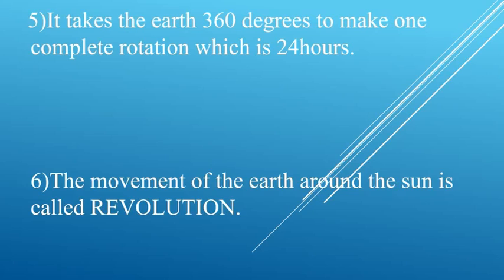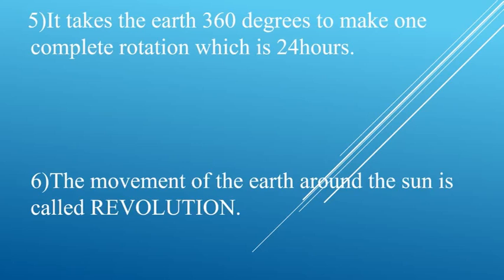So when the Earth is rotating, it takes a maximum of 24 hours, which causes day and night. Don't forget, we have 24 hours in a day. When the Earth makes a complete rotation, it does this in 24 hours and at an angle of 360 degrees. Point 6, the movement of the Earth around the sun is what we call revolution.